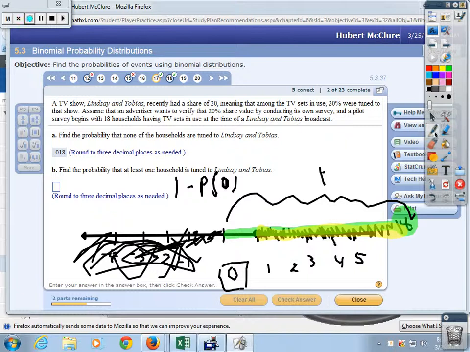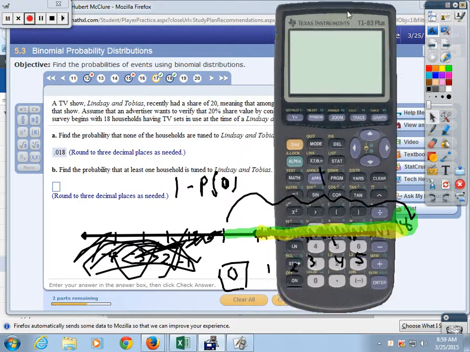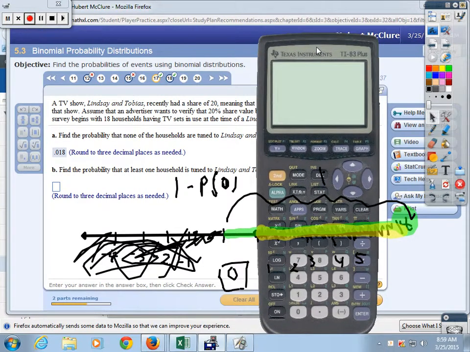So we're going to take our handy dandy calculator. I don't know if this will work, but I'm going to try it. Turn it on first, Hubert. 1 minus inverse answer. Yeah, I don't think it's going to work. Sorry, forget it.